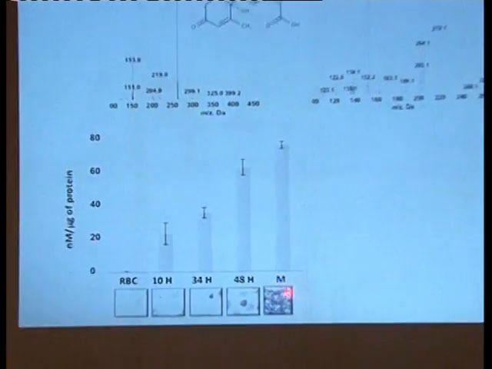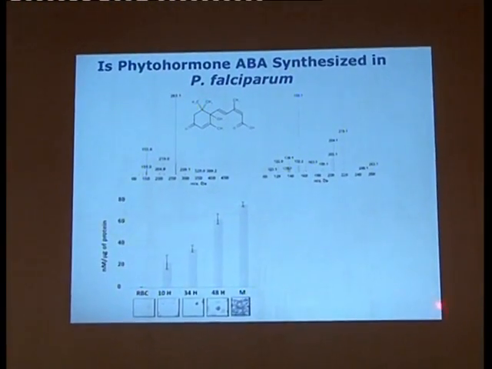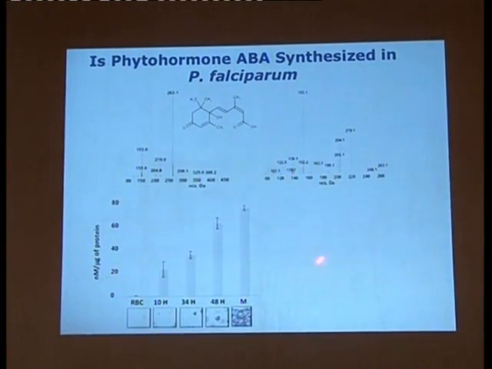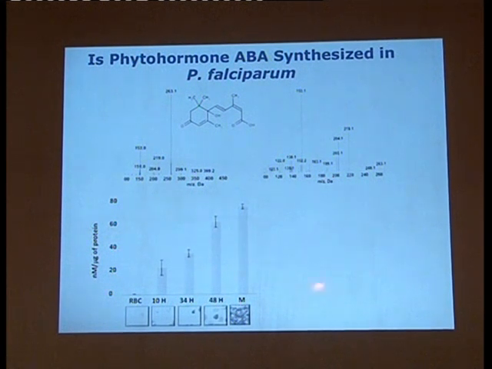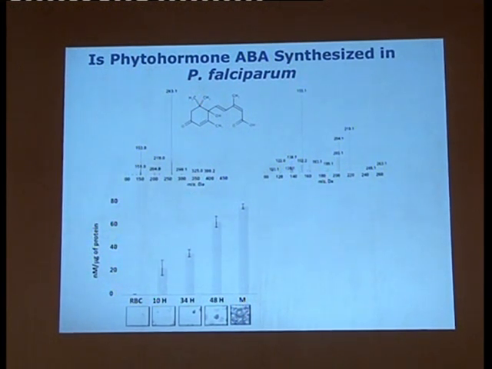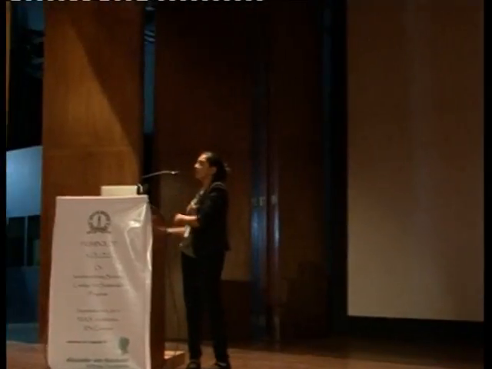In red blood cells we don't see abscisic acid, but in the 10-hour rings there's some level, and at 34 and 48 hours we see a significant amount of abscisic acid in schizonts and merozoites. So how are we going to support the hypothesis that the calcium is really high at the late stage, controlling the egress process, if abscisic acid is high throughout?